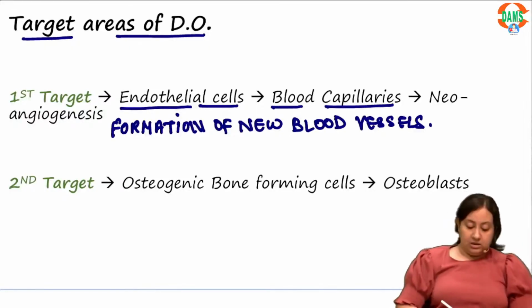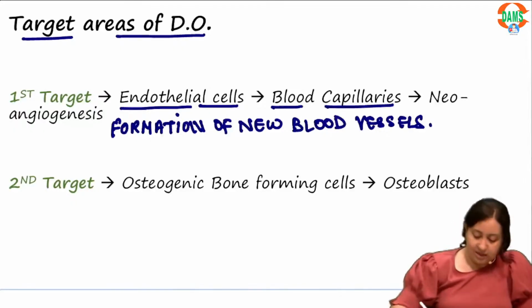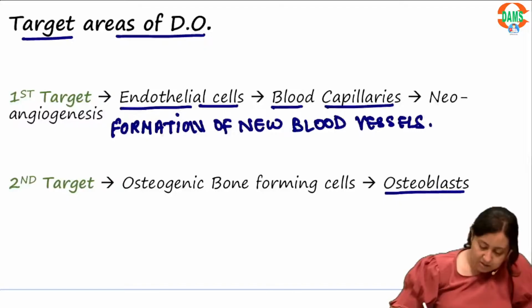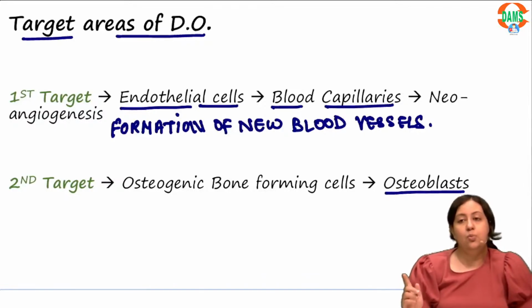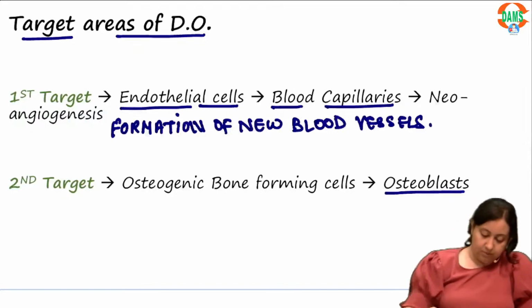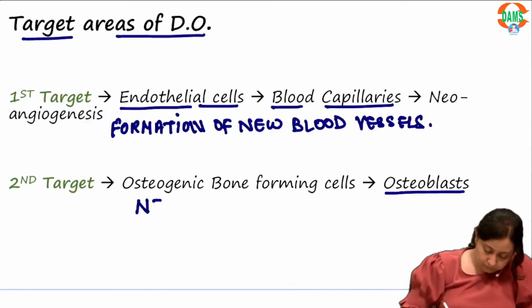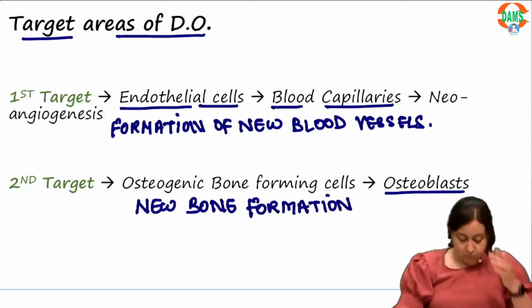The second target of DO is osteogenic bone forming cells, your osteoblasts. These are the main cells which will lead to new bone formation. So new bone formation and new blood vessel formation, both are important.